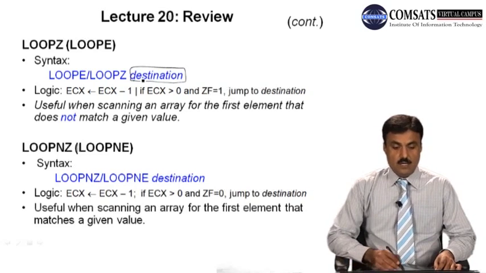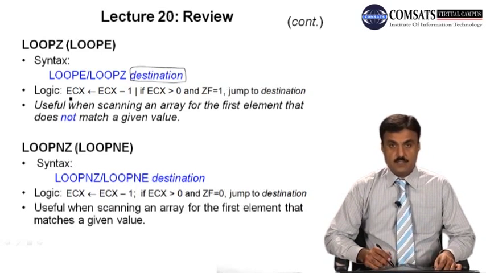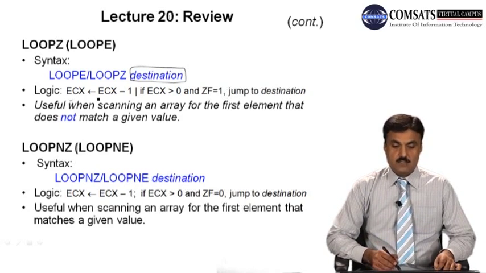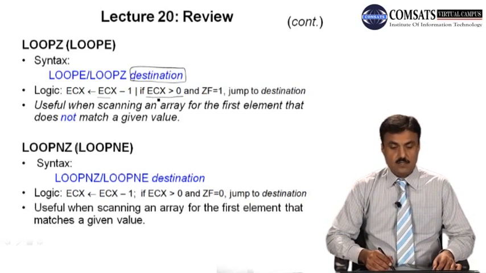The logic behind these two is that in a loop ECX is used as a counter, and in every iteration when we call LOOPE or LOOPZ, or even the LOOP instruction, ECX is decremented. Then in LOOPE and LOOPZ, what will happen? First, this condition is checked, whether ECX is greater than 0 or not.